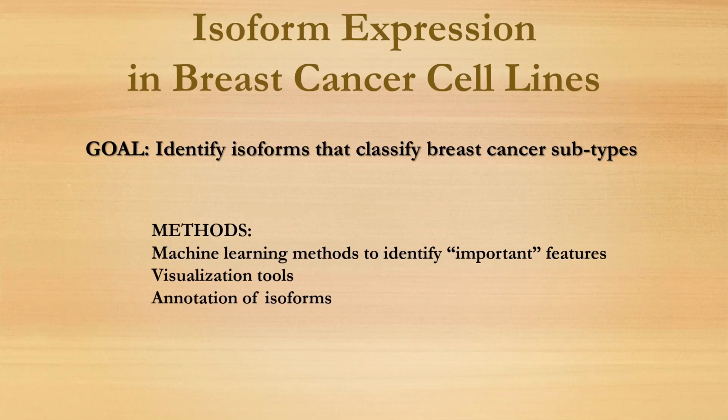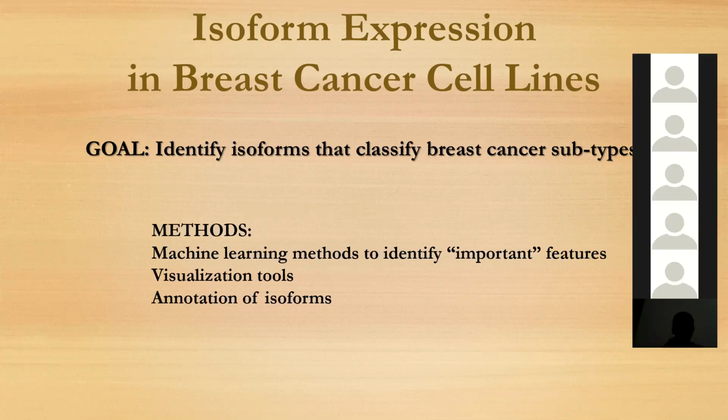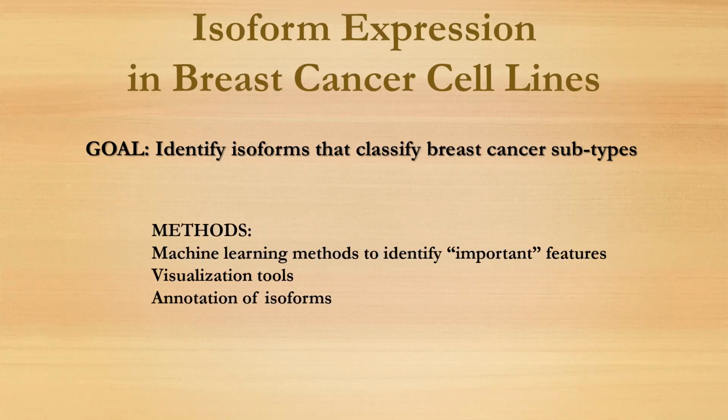Of course, these tools do not have to be applied only to expression tables. We will be applying them to expression of isoforms, but in reality, they can be applied to any kind of table where you have some features that actually identify a sample.